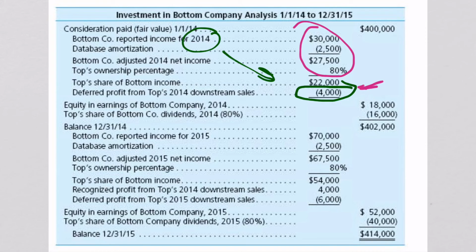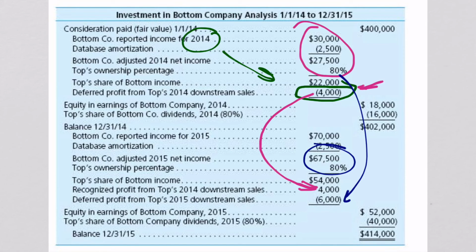The next year, this number gets reversed, so it gets added back into profit, and again on downstream, the next year the unrealized amount continues to come off of the parent's share of profit for the year, and so the non-controlling interest amount is only computed based on these numbers.